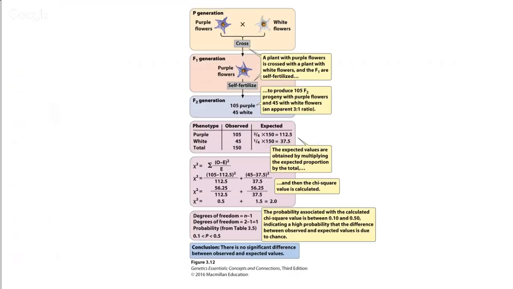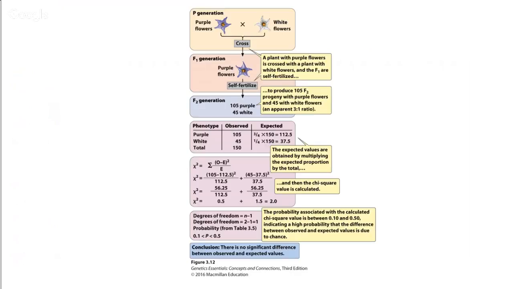So we can expect 3 out of the 4, since the color purple is a dominant trait, F2 generations to be purple, which would come out to be 112.5 for the expected. And then 1 out of 4 for the white color, which is going to come out to be 37.5 expected. So a little bit of difference between what we've observed.